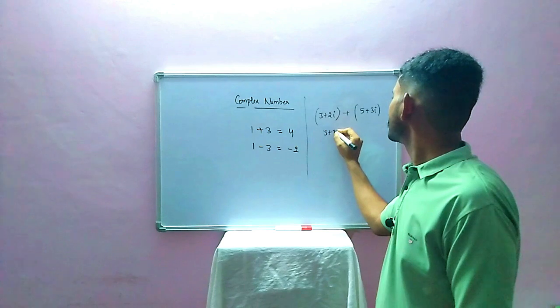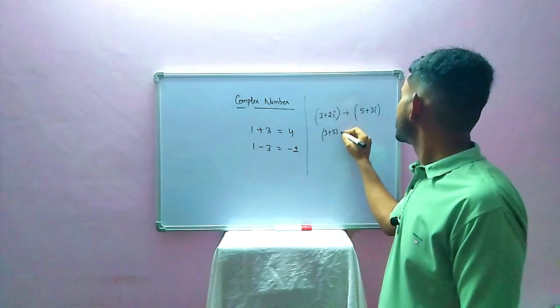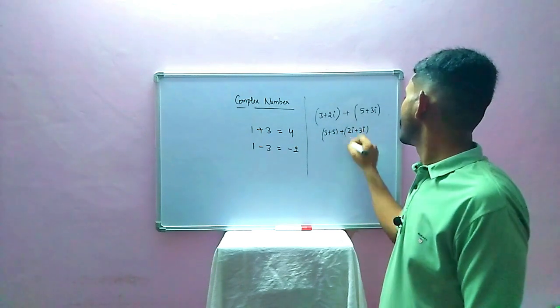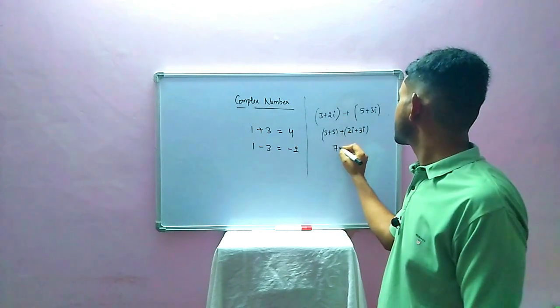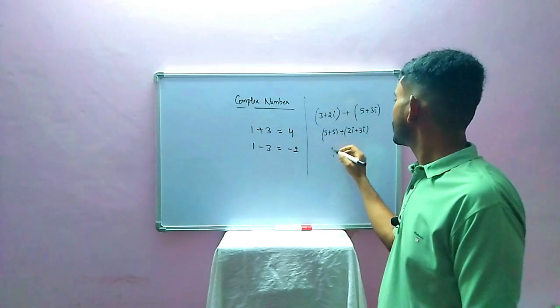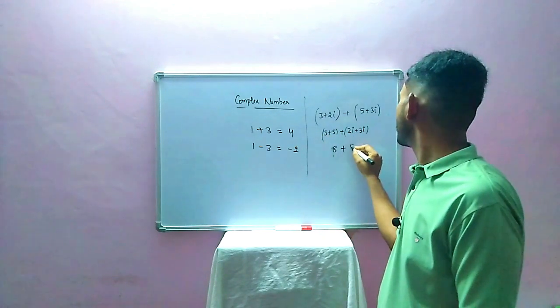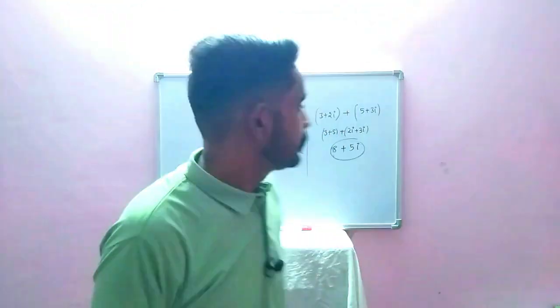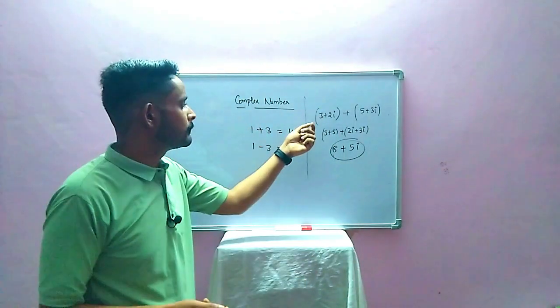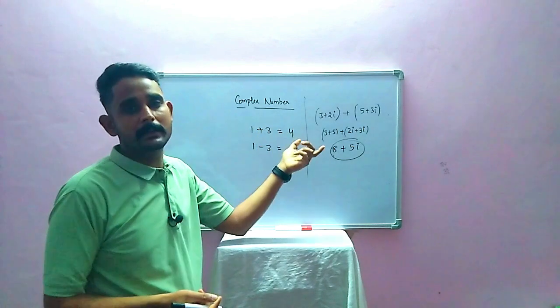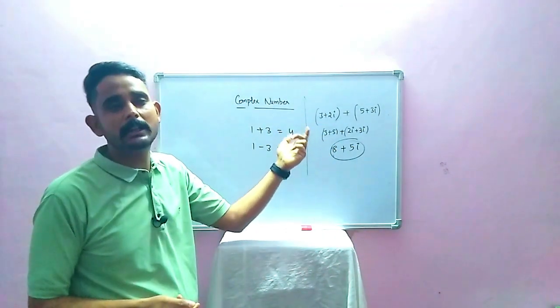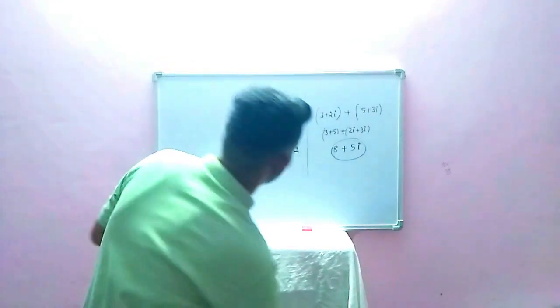Then the answer comes 3 plus 5, and 2 iota plus 3 iota, so 8 plus 5 iota is your final answer. So remember, when we add two complex numbers, the real part is added to the real part and the imaginary part is added to the imaginary part.